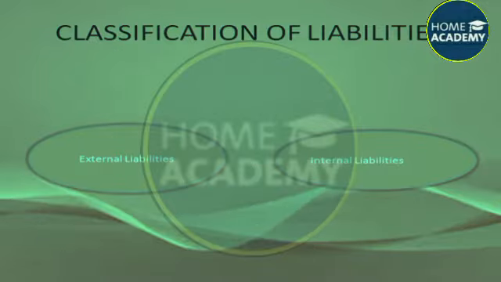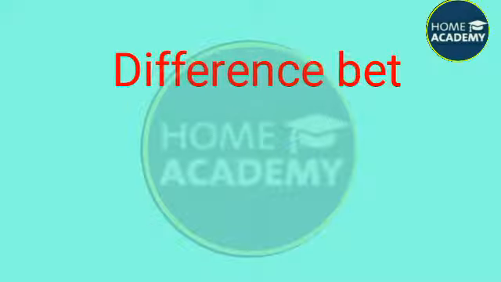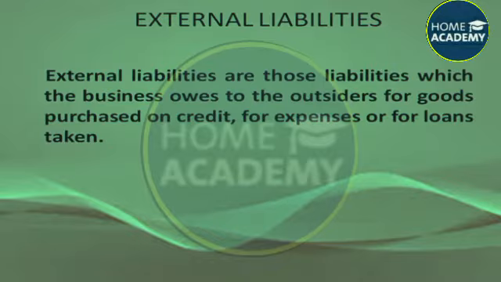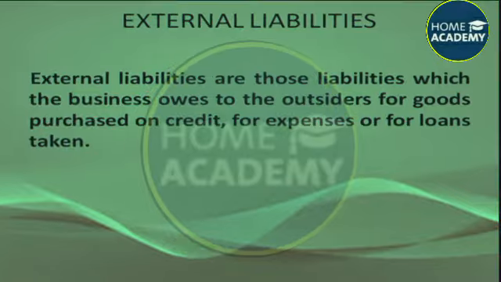Now, these liabilities can be external liabilities and internal liabilities. So, what is the difference between external liabilities and internal liabilities? External liabilities, as the name suggests, are those liabilities which the business owes to the outsiders for the goods purchased on credit or for any expenses or loans that have been taken from banks and financial institutions.